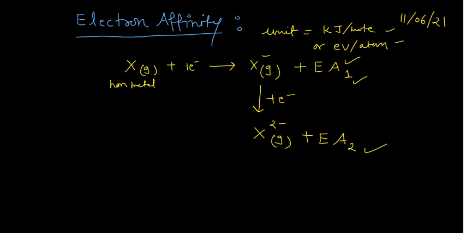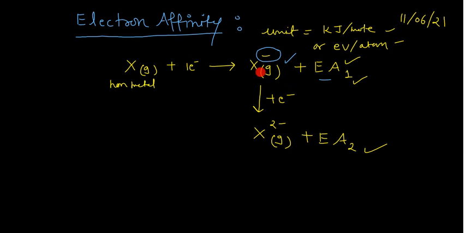It's quite simple, guys. When you have added one electron to this species, it gives out energy. Now it has the extra electron. If you try to add one more electron, what will happen?